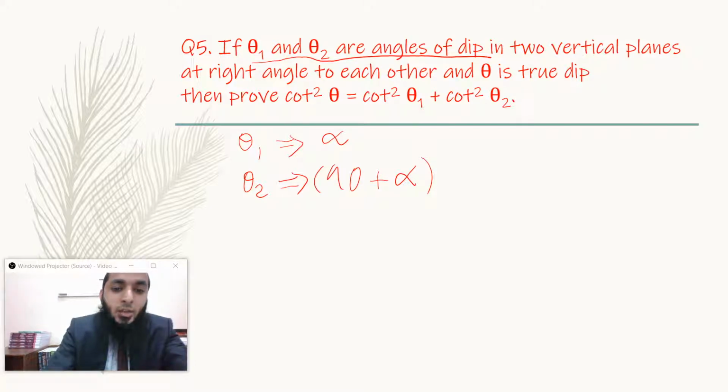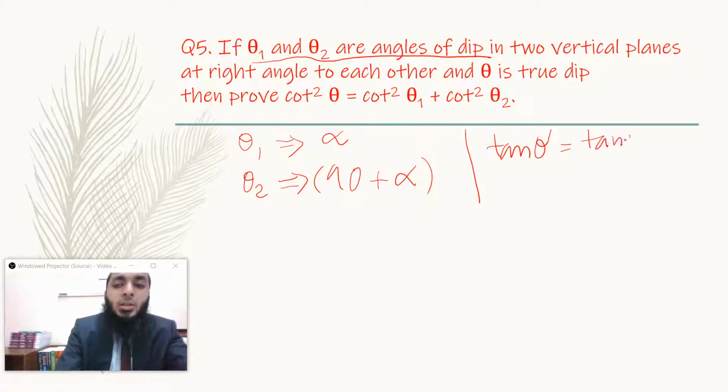I'll write it here: tan theta dash is equal to tan theta divided by cos alpha.